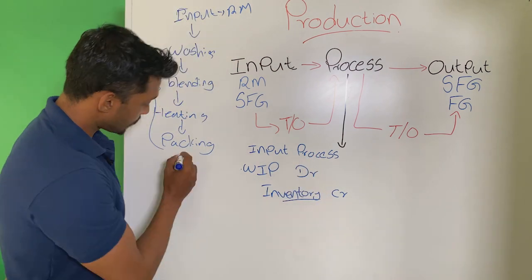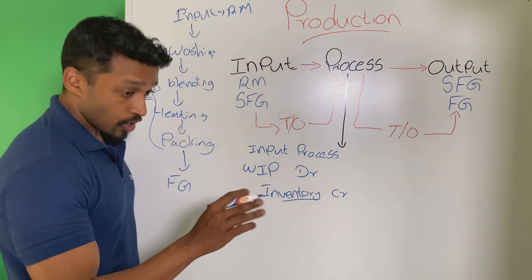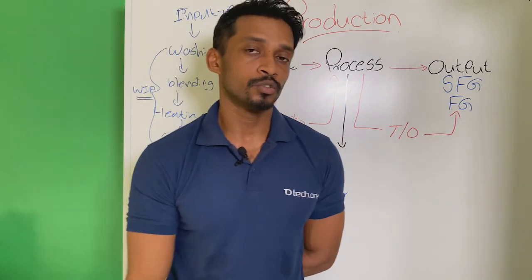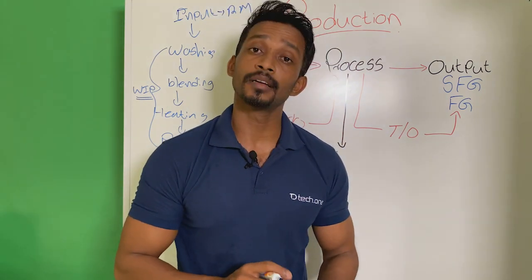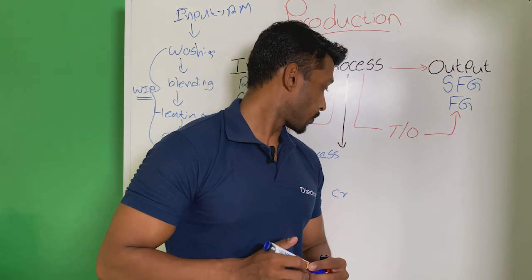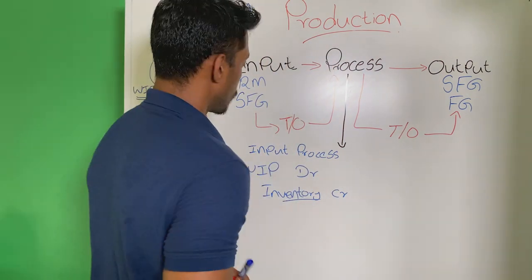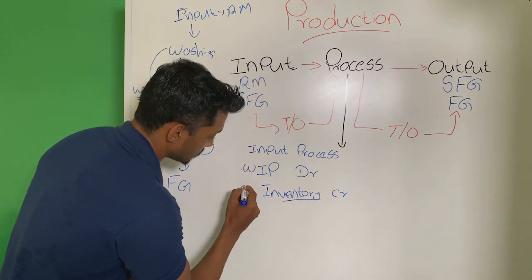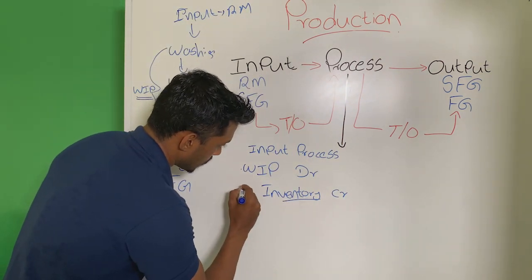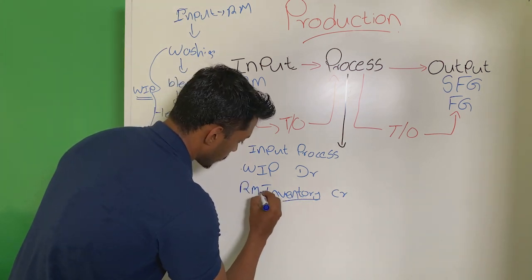Now, after the packing process, you get finished goods, which means you are going to finish your production order. What will happen? Okay, I'll write it on this side. Once you finish the production process, I'll name this as the raw material inventory account.